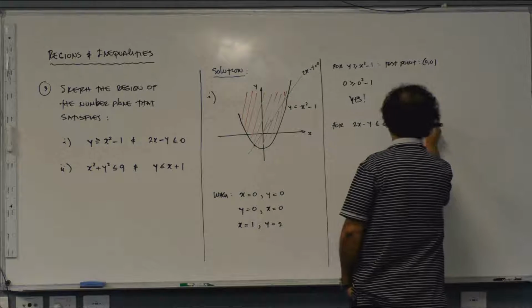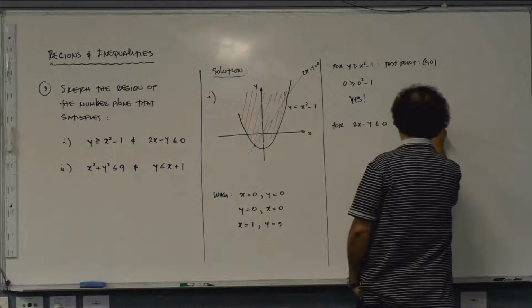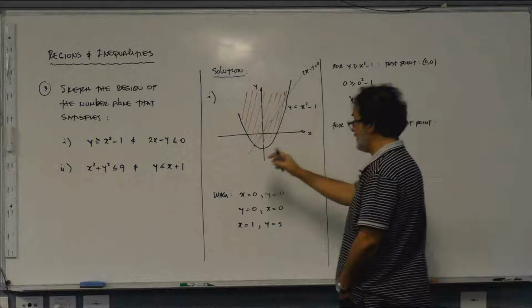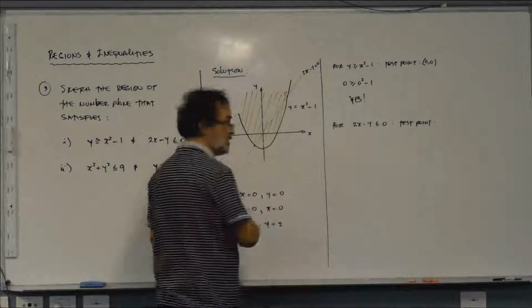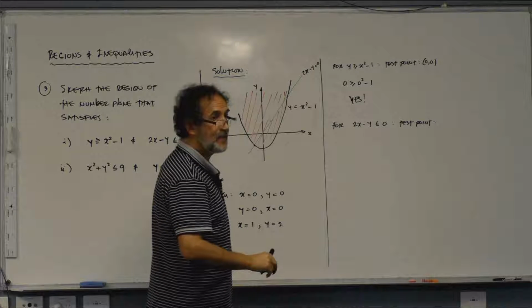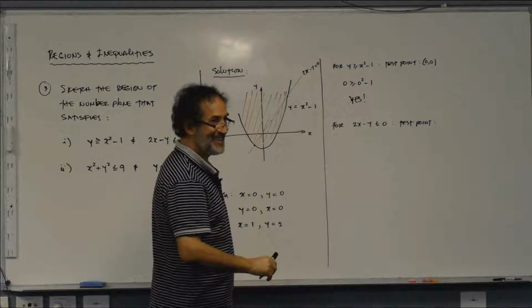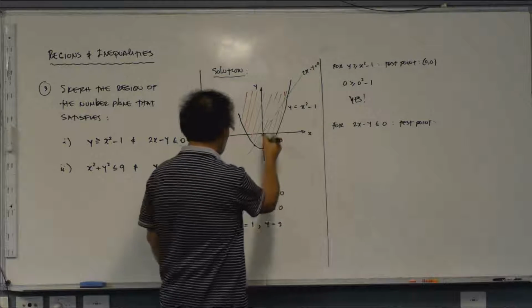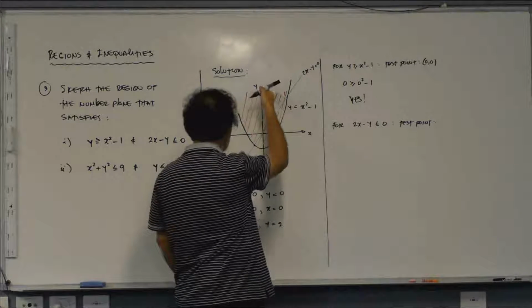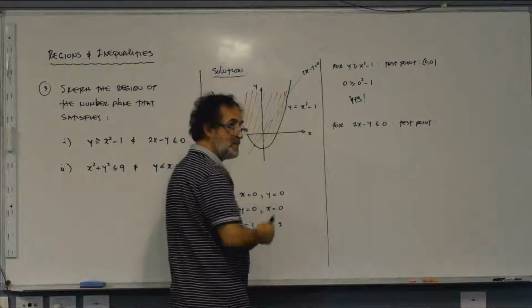What point do you want to test for the line for this one? So we're talking about this line. Pick any number along this line. 7.